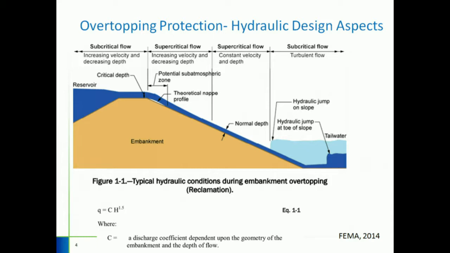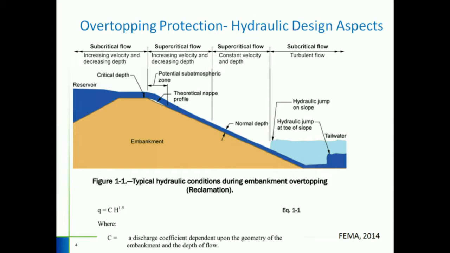And down below the slope, you go down towards the toe, and it's again supercritical flow, and it turns into subcritical flow. And at the toe of the dam, where you have the hydraulic jump, is also a zone that is critical during the overtopping protection design.